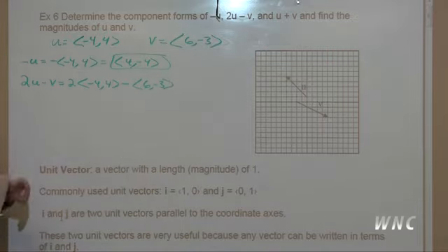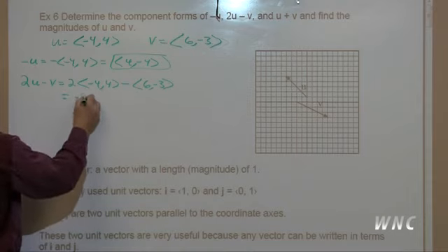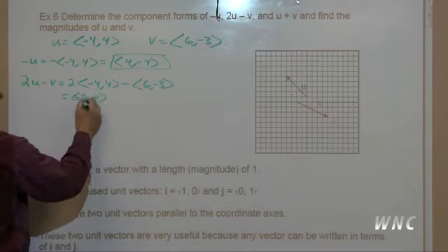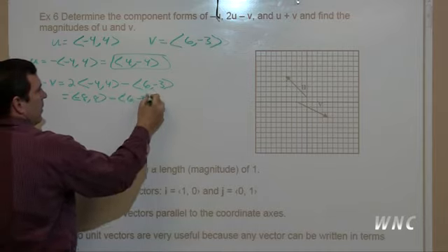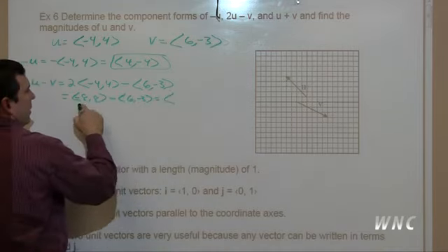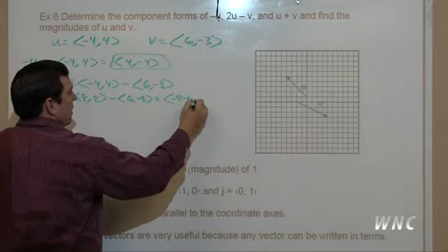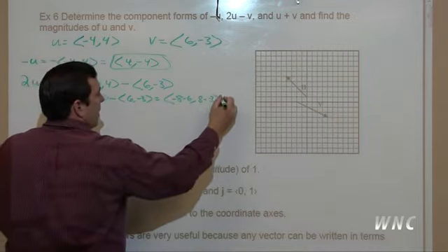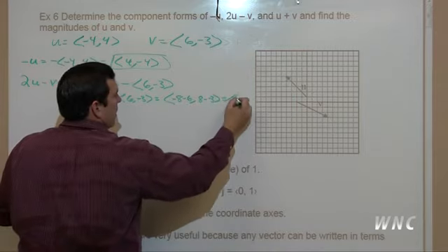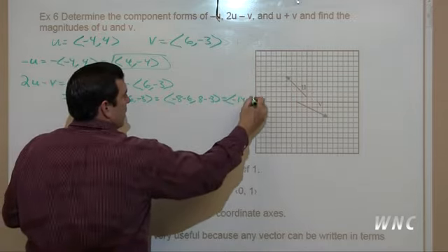And we just distribute that, so it's going to be negative 8, 8, minus 6, negative 3. So negative 8 minus 6, 8 minus negative 3, and we get negative 14, 11.